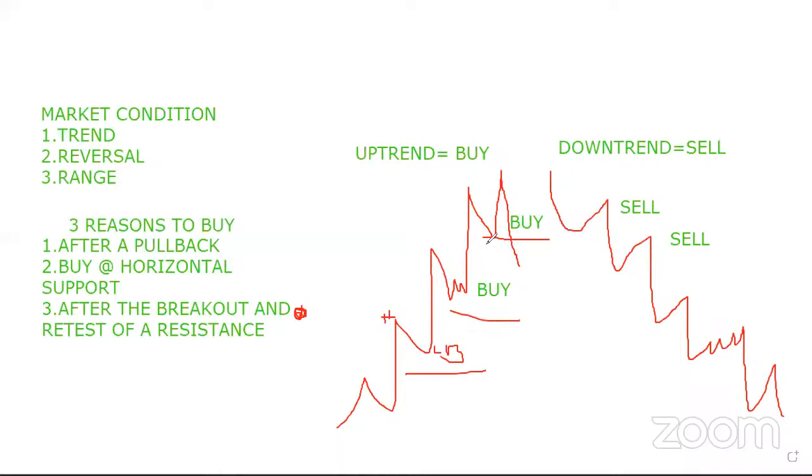The creation of a pullback signifies the continuation of a potential uptrend, but the creation of a new higher high strongly suggests that the uptrend is still in continuation. What I mean is that if price is going up and it does this pullback, this guy here is not supposed to return below where it started from.